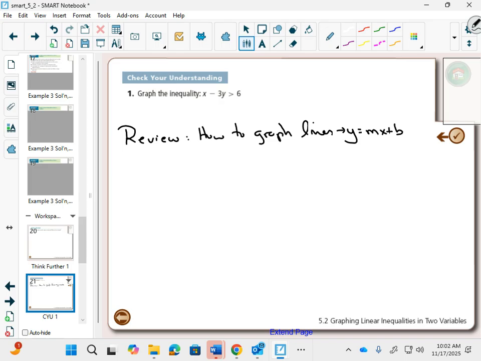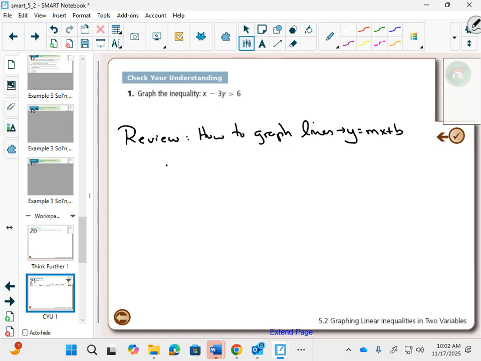You probably used y equals mx plus b a lot for graphing lines. So you could either use the y-intercept and the slope, or any nice point and the slope. Sometimes you could just find 2 points. If you find 2 points, you can draw a straight line through them really easily.